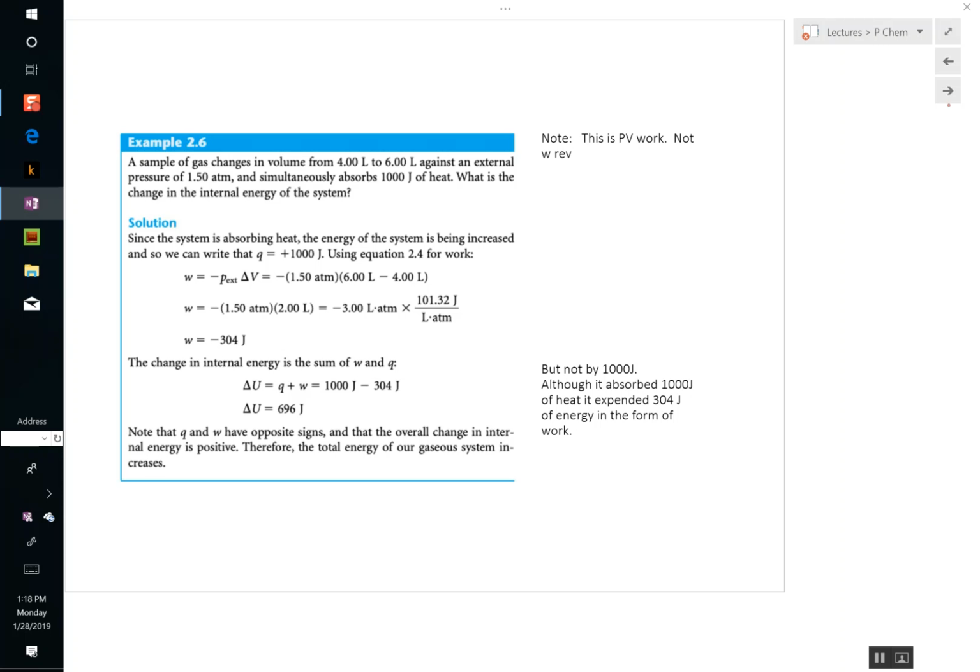When you're taking in the work, that minus 304, wouldn't that be the energy lost to the surroundings? Well, the energy lost by the system. It's doing this work on the piston, let's say.